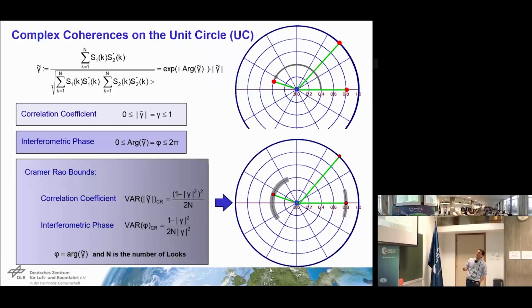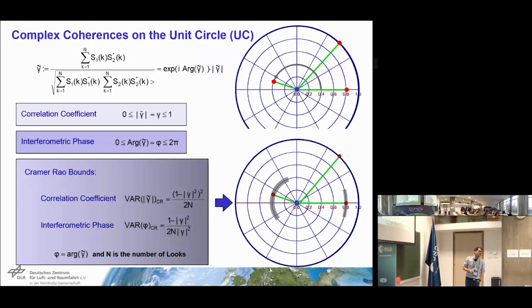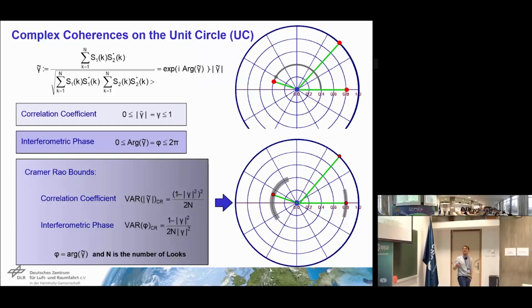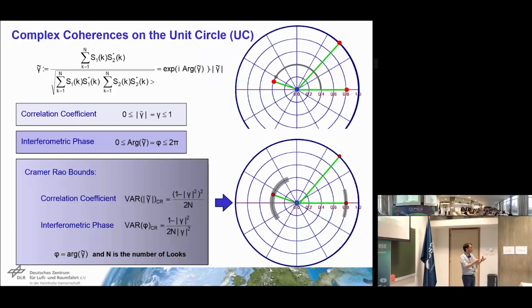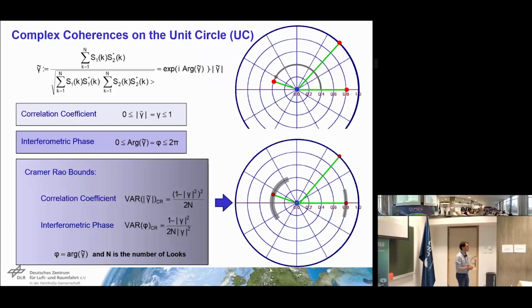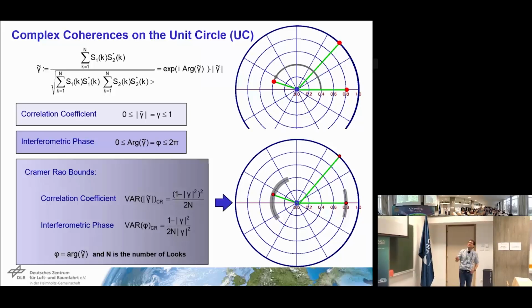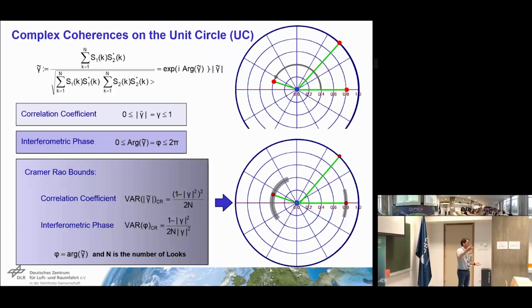Both it and the interferometric phase depend on the true value of coherence and on the number of looks. The number of looks is the number of points that you use on the image to calculate this coherence, so how large your window is. The larger the window, or the larger the coherence, the better the estimate.